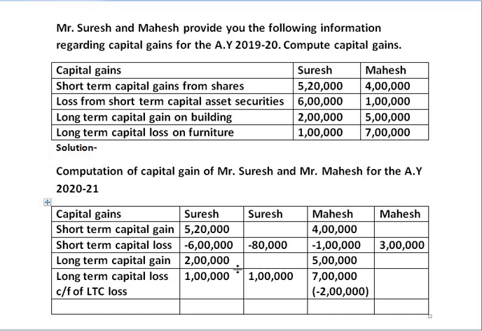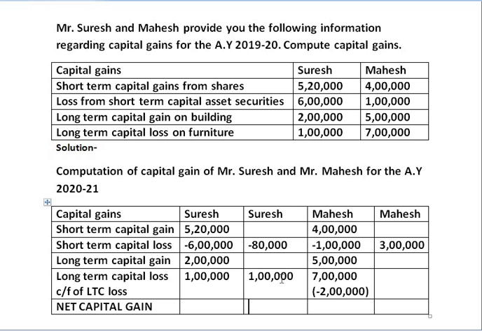Now next step is to find out the net capital gain. Now the net capital gain here is, 80,000 is short term capital loss, which can be set off against the long term capital gain. I hope you remember the rules.